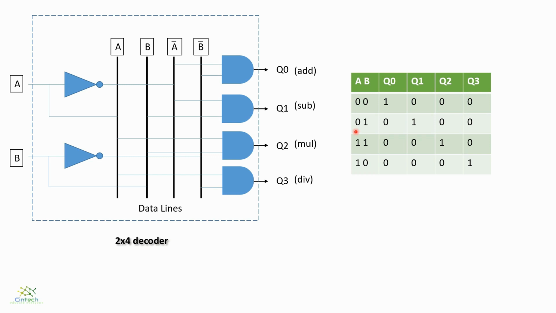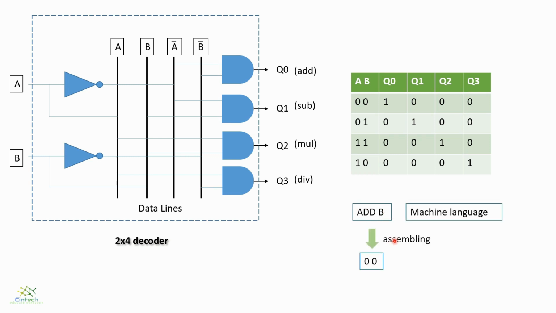Now referring to this particular decoder, say if Q0 is high, it triggers the adder in the ALU, that is your arithmetic and logic unit in the CPU. So when 00 comes to the decoder, MUPI knows it has to add two numbers. Say the instruction was add B. It's an assembly language instruction.